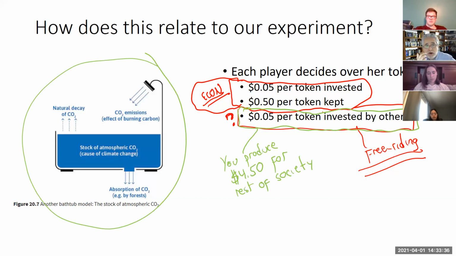And you probably remember from chapter 4 in our module on social interactions that humans care about other people. Humans care about fairness. Humans care about inequality.